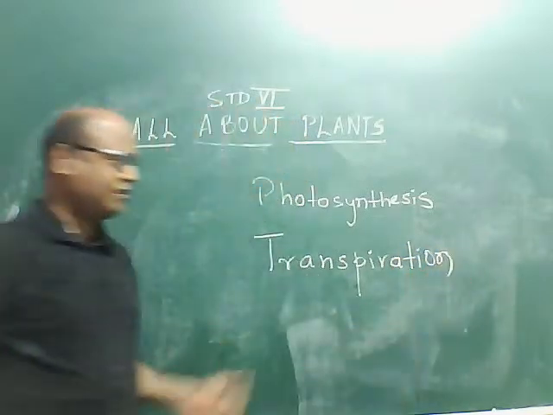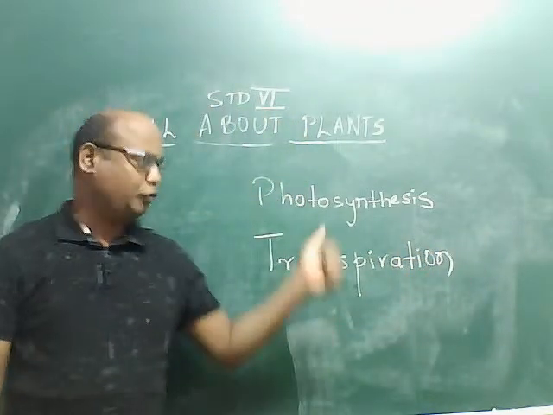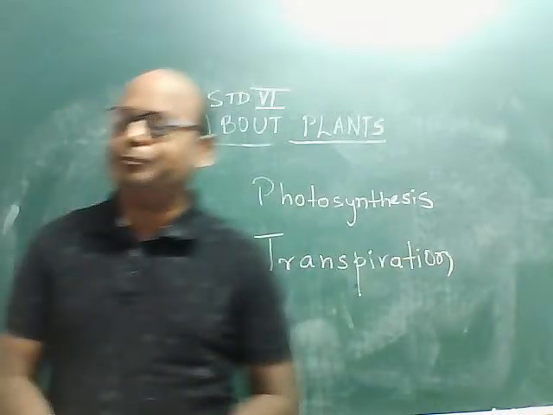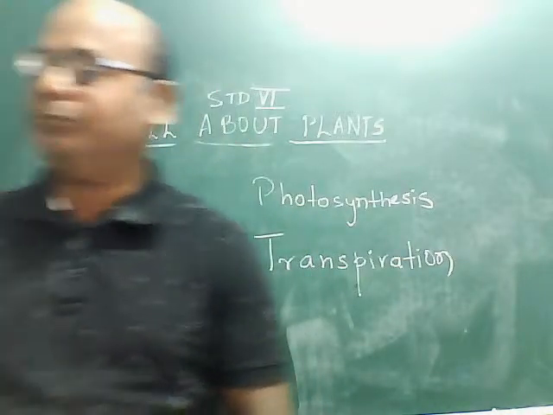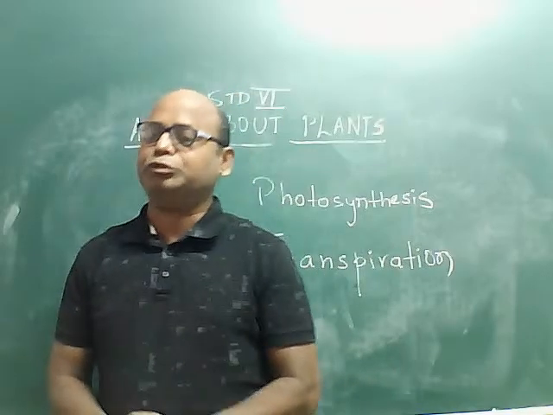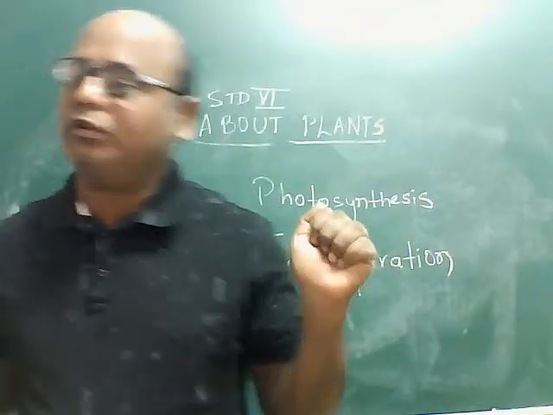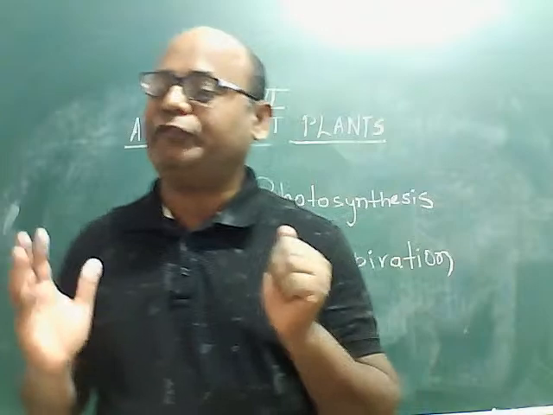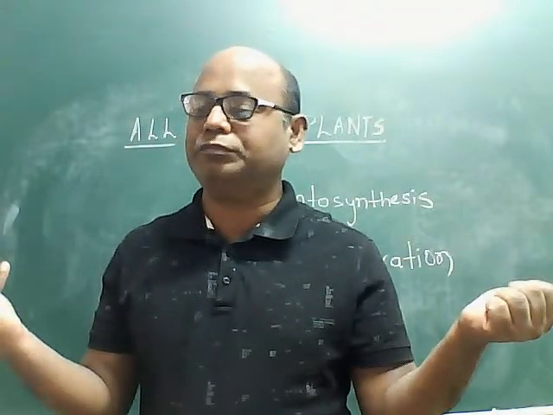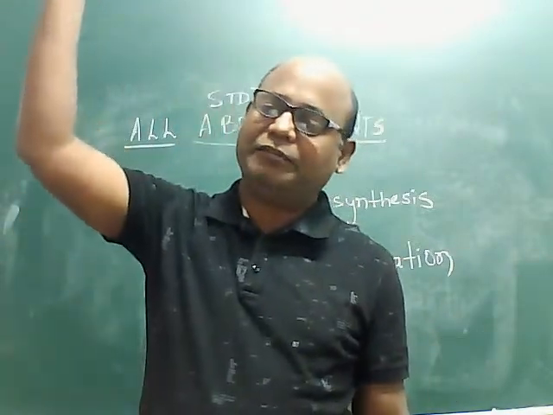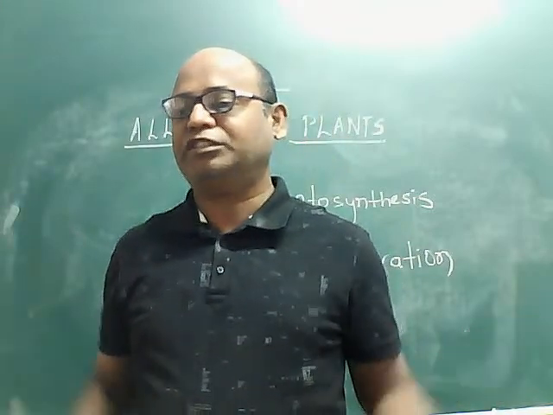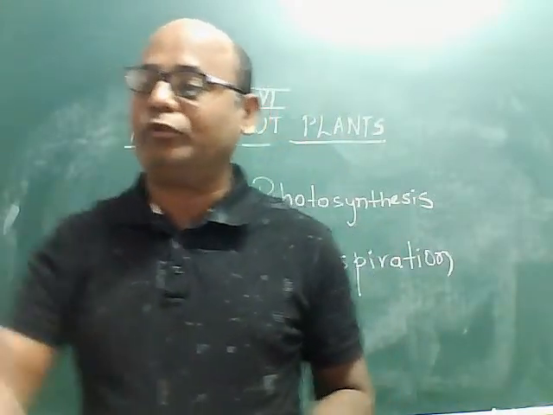We already discussed a lot that photosynthesis is a very important process. Why is it so important? Because it makes life possible on the earth. We all need food. From where do we get this food? Is it coming from the sky? No. Is it coming from some other source?